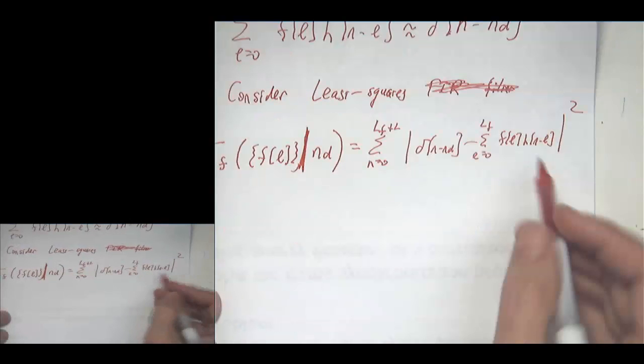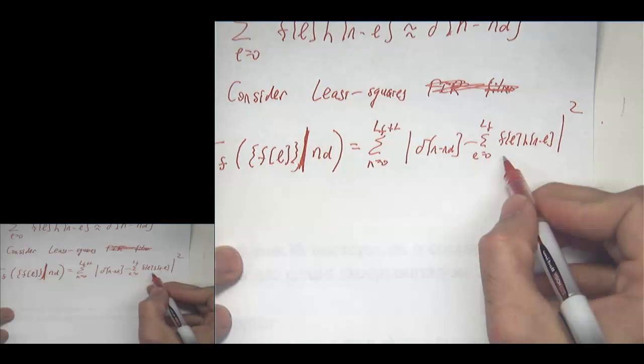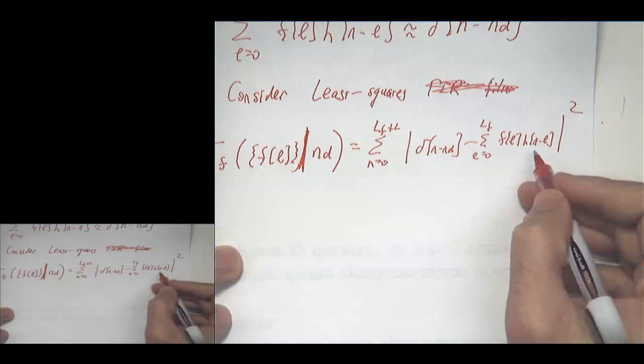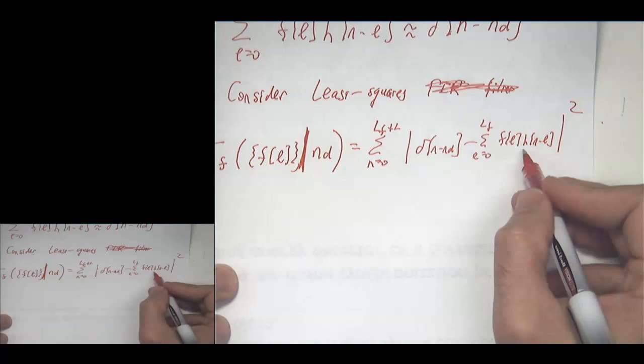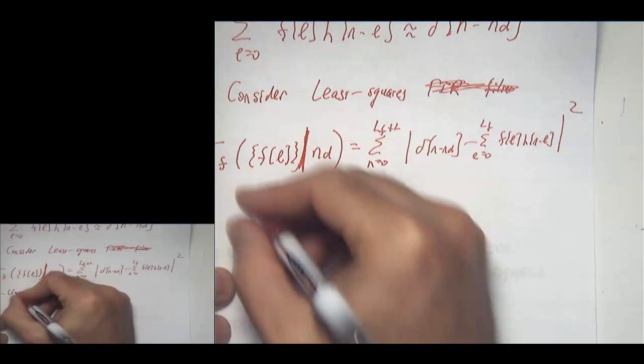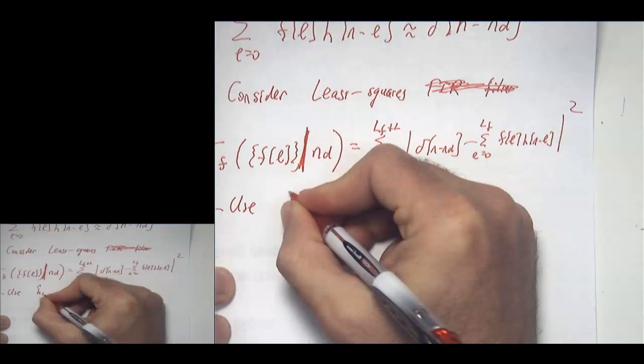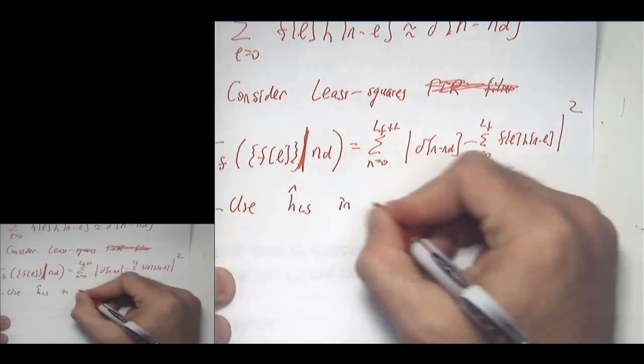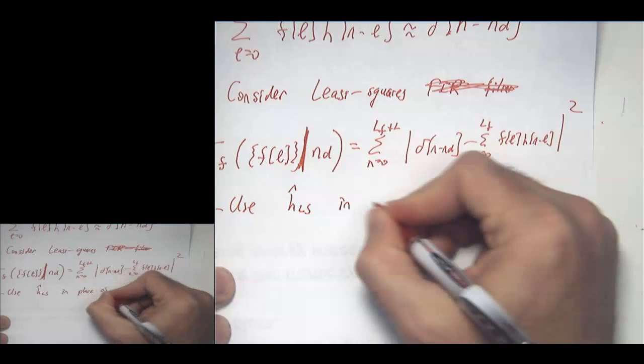Okay, now the other slight wrinkle here is the h. So we have h right here. Remember that we don't know that perfectly. So we're going to use our estimate of h to derive our estimate of f. So we're going to use h hat least squares in place of h.